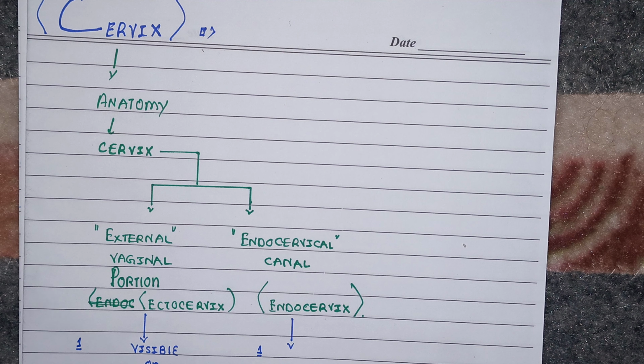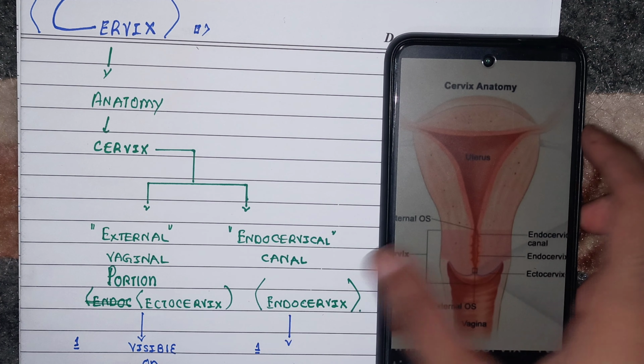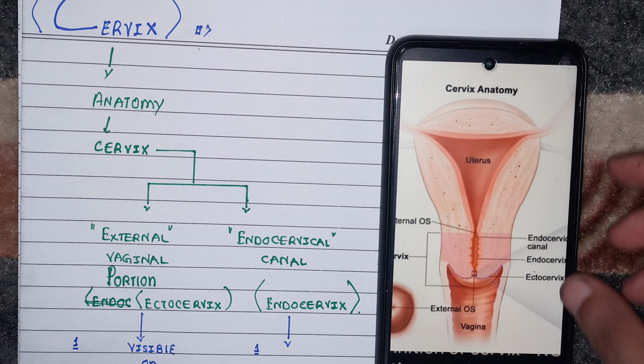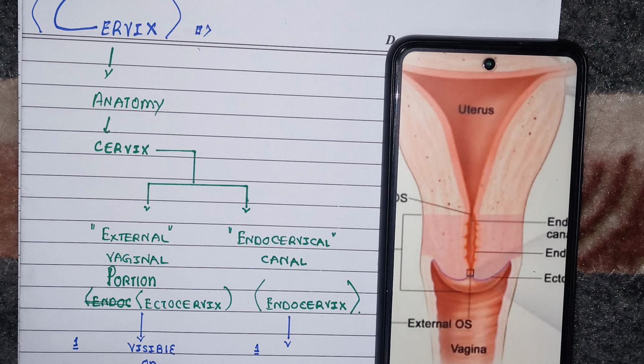Okay, so if I take you to the picture, you see here, just a second, there we go. Here in this picture you can see beta, if I just zoom into this further, that this entire thing from here till here is the cervix.